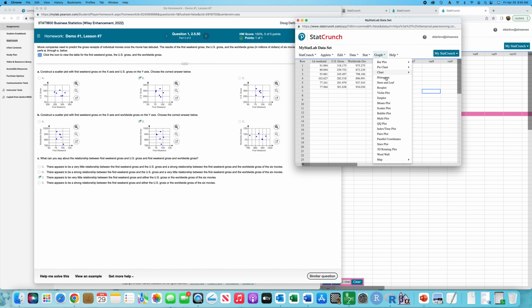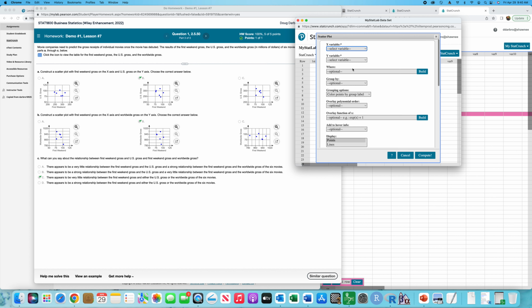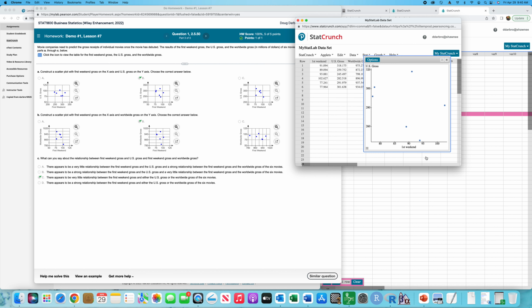So again, let me refocus, do a scatter plot. So we want first weekend on the X, and we want US gross on the Y, and hit compute. So I'm looking for the scatter plot that has these, I kind of have focused on these 2 points. Clearly, I don't think A, and it turned out to me that B seemed to be the closest.